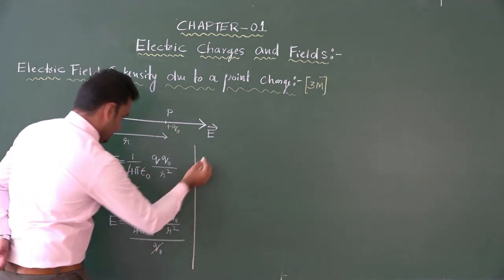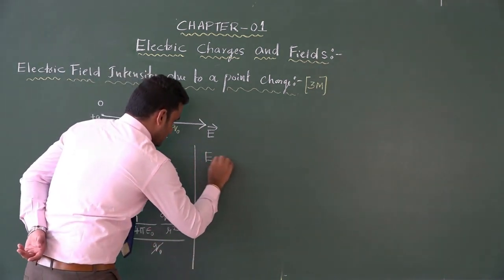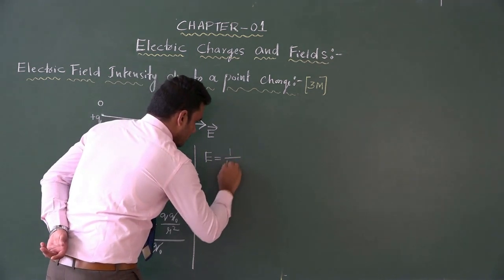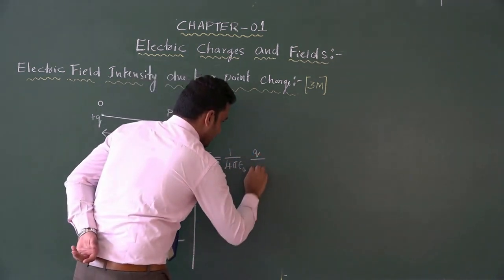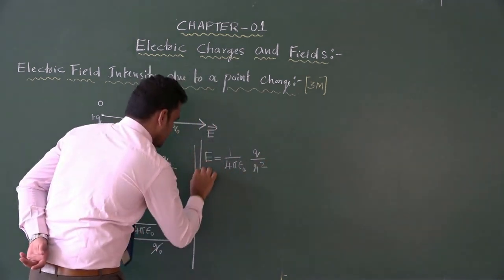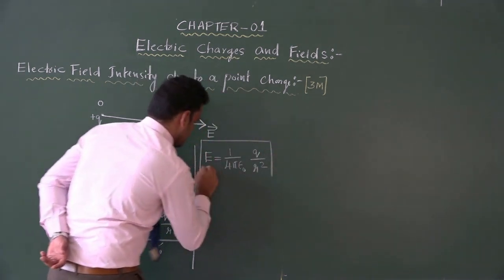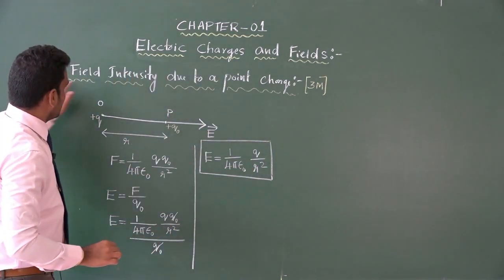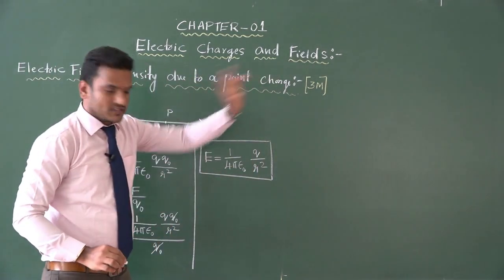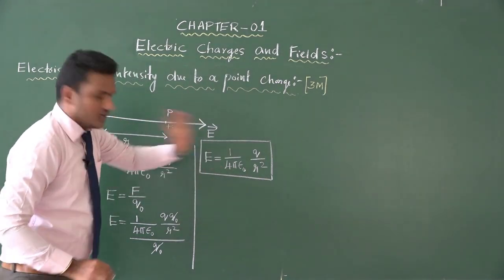And the remaining thing, E is equal to 1 over 4 pi epsilon naught, Q divided by R square. So this is the expression for electric field intensity due to a point charge.